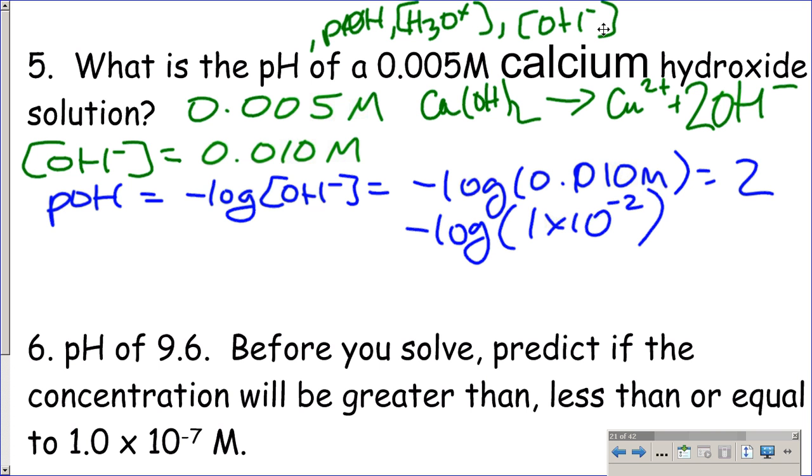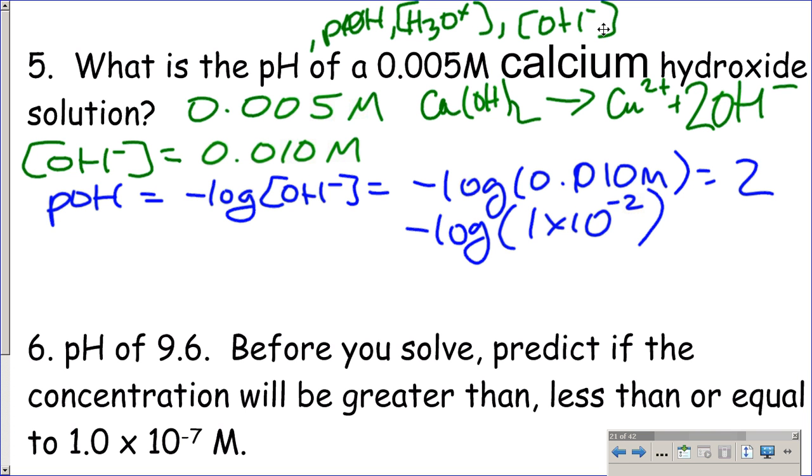If it's base 10, log is base 10, right? The exponent is the answer. That's 2. That's how you know that, only if it's 1 times something base 10. So that's just a trick. If you want to use it, don't worry about it. You don't have to calculate in your head. You got a calculator.